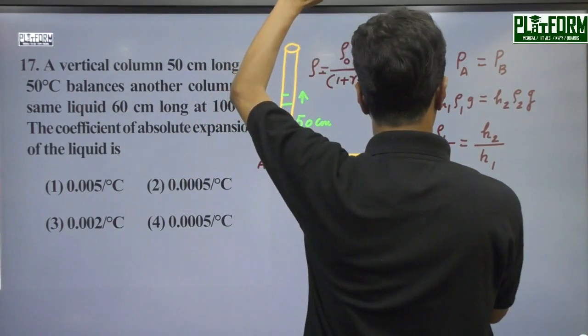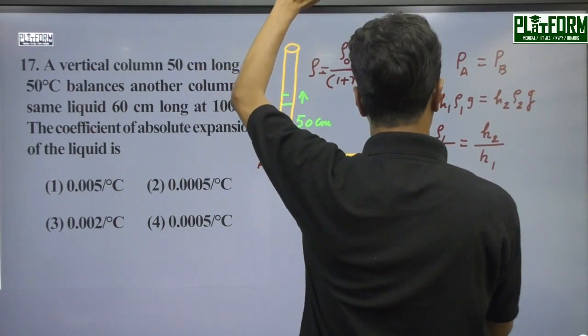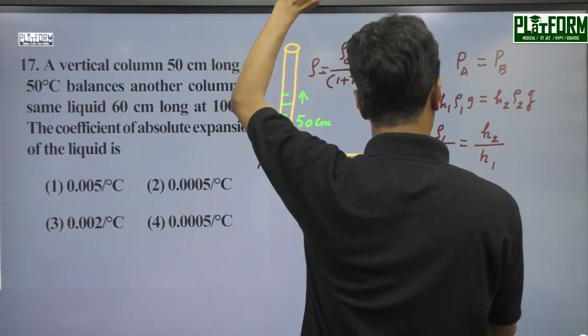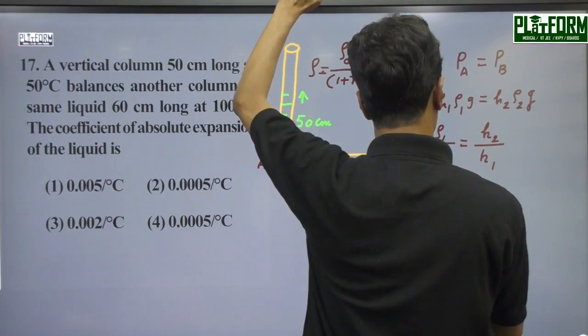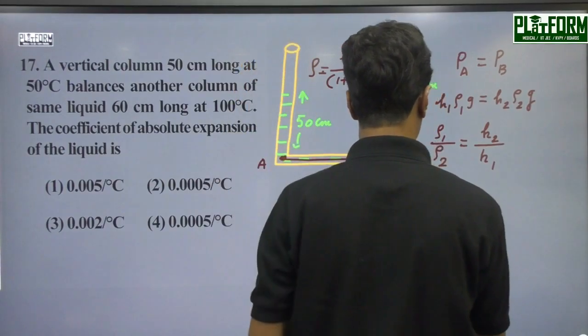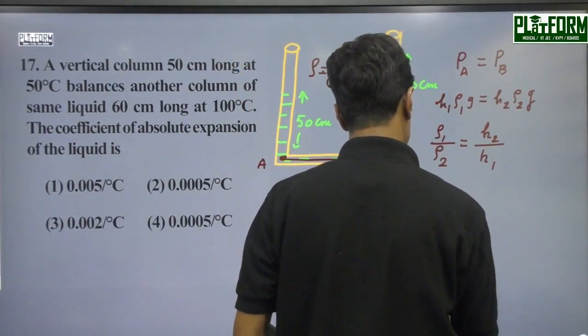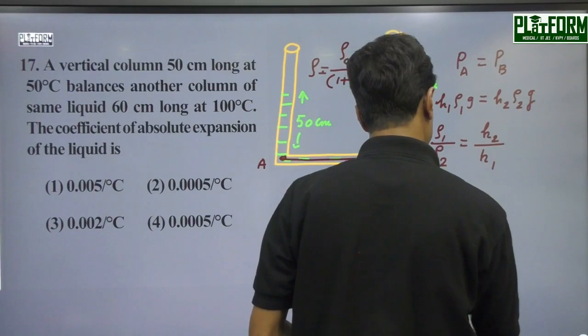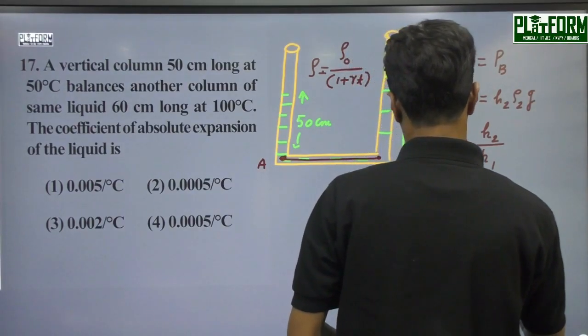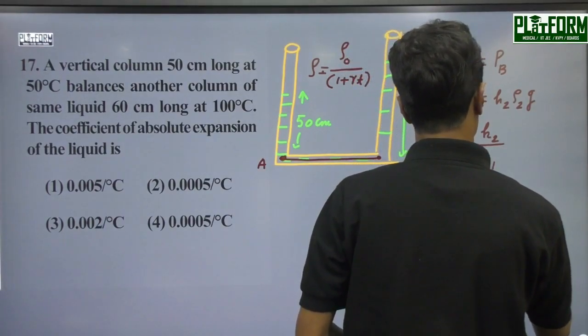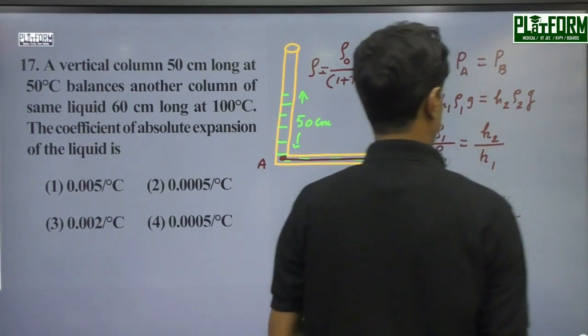We can write in this equation rho naught by 1 plus gamma T1 by rho naught by 1 plus gamma T2 equal to H2 by H1.